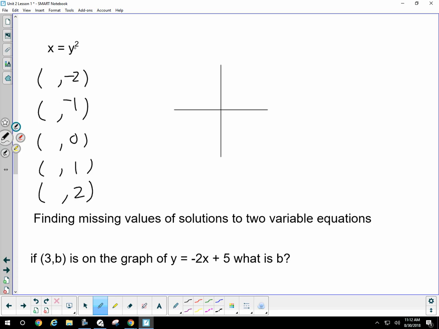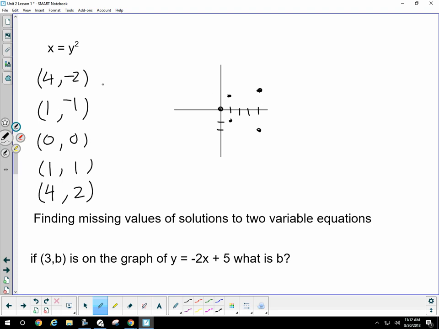And if I square that value, I get the x, 4, 1, 0, 1, 4. And I can plot those points, which are solutions to this two-variable equation. 4, -2, 1, -1, 0, 0, 1, 1, 4, 2.